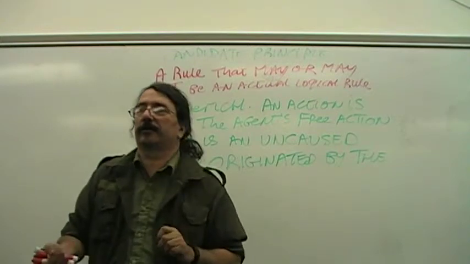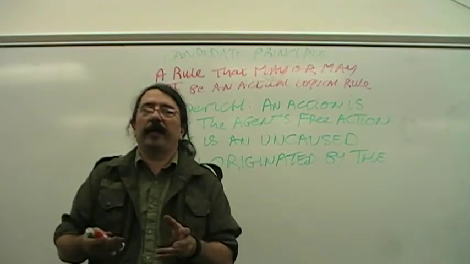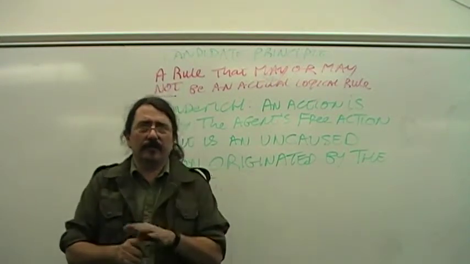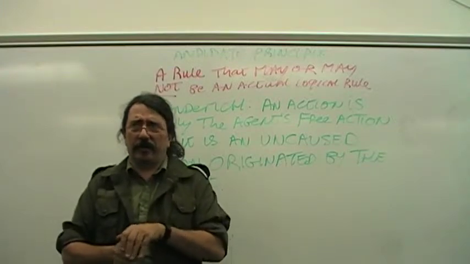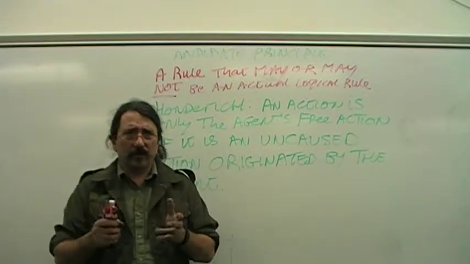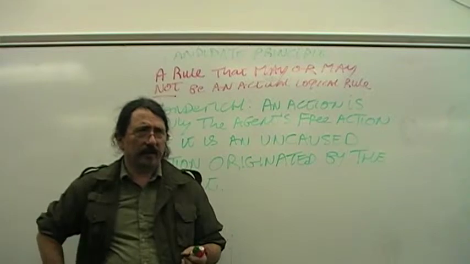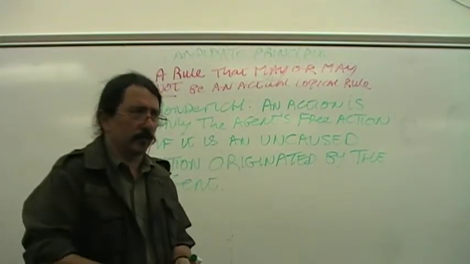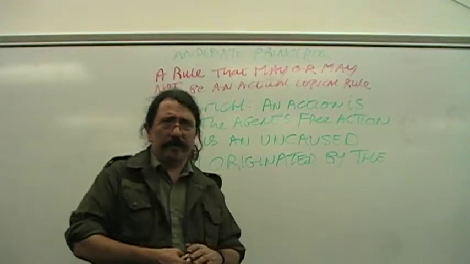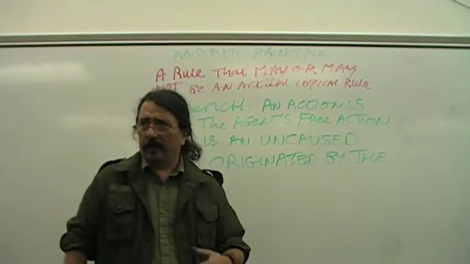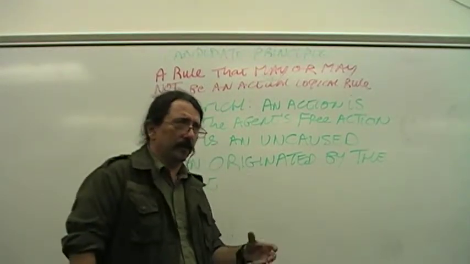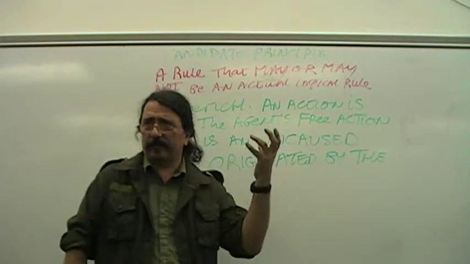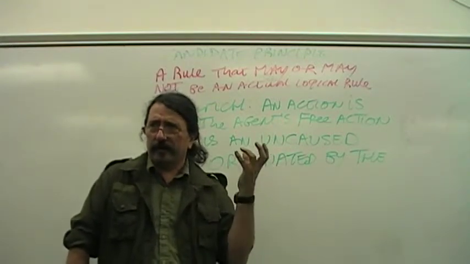Undetermined actions that come from the agent. Now, you know what the word origination means in real life, because it's an older word than this debate. Right? You know the word origin, the origin of something, like the origin of a story, the origin of an urban legend, the origin of a mysterious gem that lights the lives of everyone that touches it.